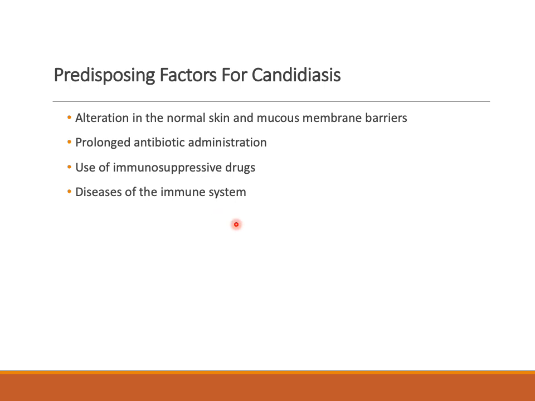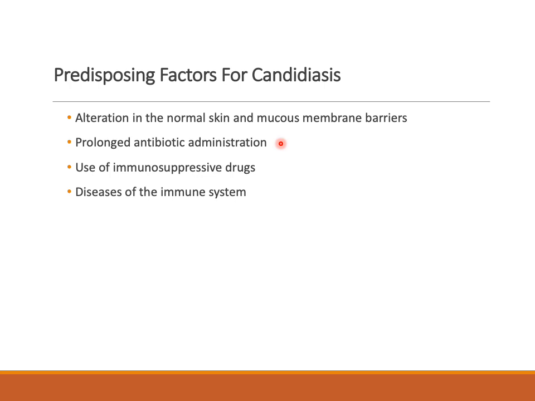Predisposing factors for candidiasis. So as I had mentioned, alteration in the normal skin and mucous membrane barriers. Okay, that's it. Prolonged antibiotic administration. So this is particularly true in those individuals with prolonged intake of broad spectrum antibiotics, because what's going to happen when you take broad spectrum antibiotics for a prolonged period of time, it kills the bacteria in the large bowel, right, or in the large intestine, and therefore it will disturb the normal balance that you have there.